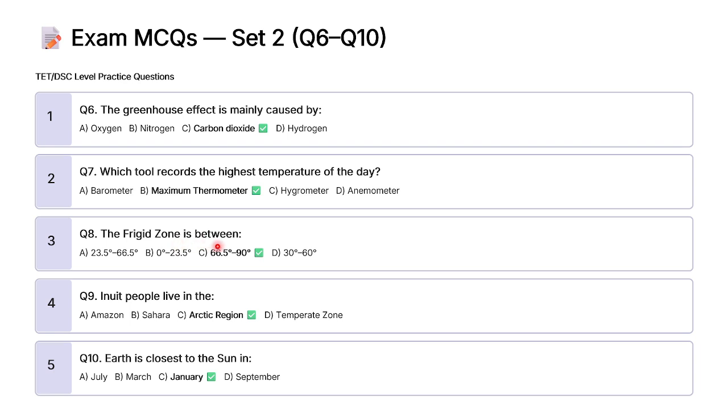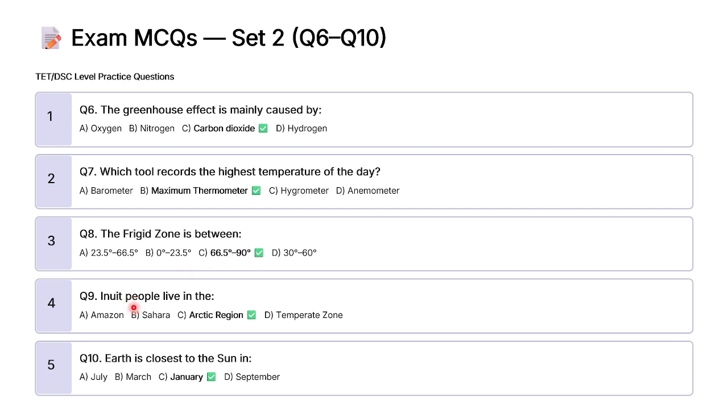The frigid zone is between, okay, 23.5 to 66.5 degrees, or 0 to 23.5 degrees, or 66.5 to 90 degrees, or 30 degrees to 60 degrees. The right answer is 66.5 degrees to 90. It is the frigid zone.